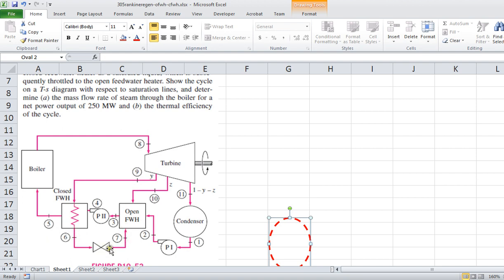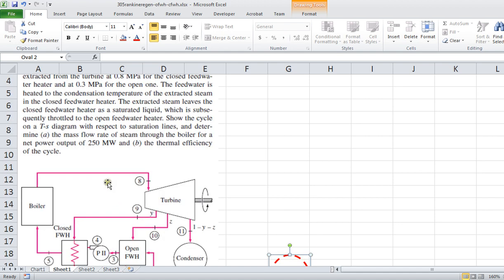I hope you will recall from Thermo 1 that a throttling process, and you can review chapter 5 as necessary, is one that has a constant enthalpy. So we have H6 equals H7. That's what he's basically telling us there.